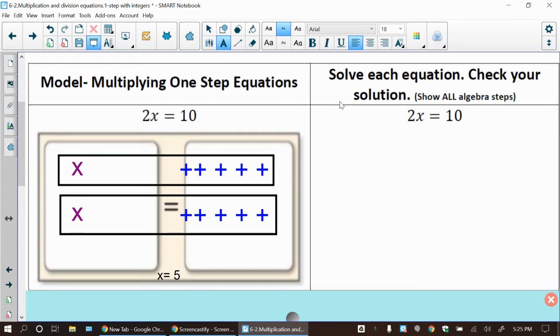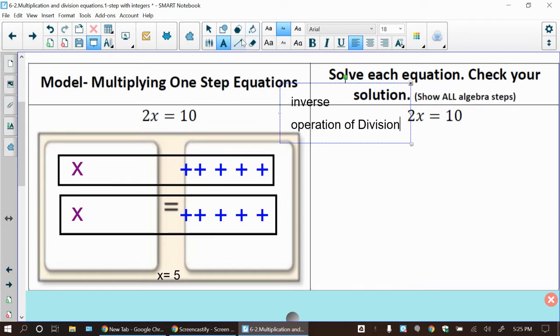Well, just like with addition, what was the opposite of that? So we use our inverse operation of division. Okay, that's what we have to use.